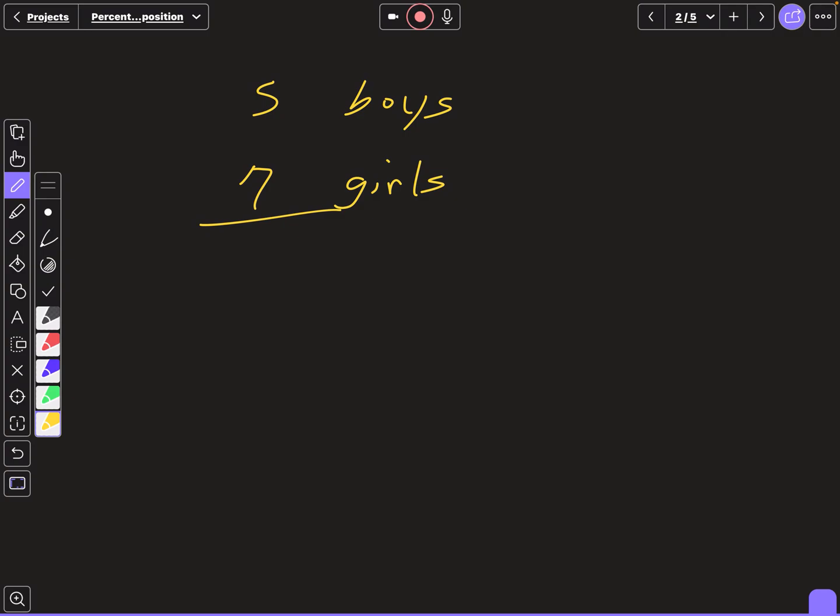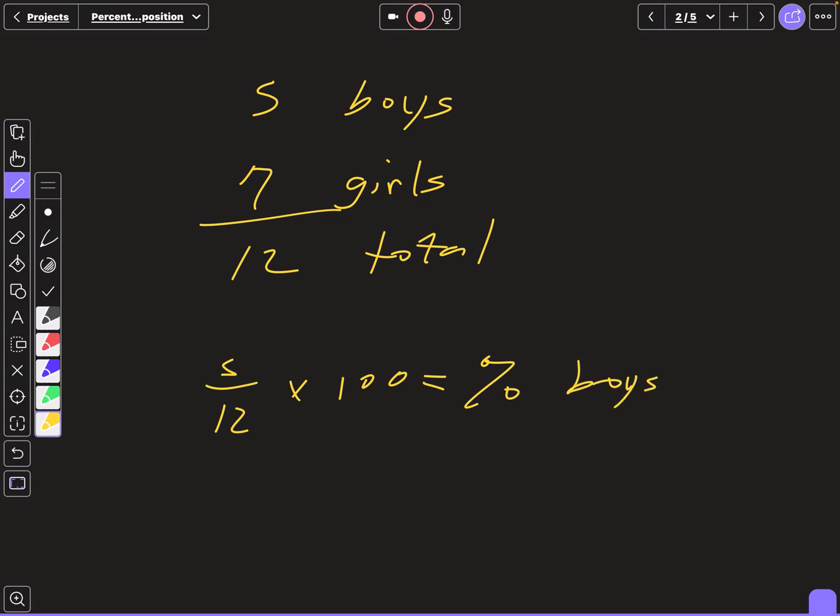We'd have to add these up to find the 12 would be the total. If we were finding the percent boys, we would take 5, the part of boys divided by the total, 12, multiplied by 100 to get a percent, and we would have the percentage of the class that is boys. If we were finding the girls, we'd take the part of the girls, which is 7, divided by 12, multiplied by 100, and you would get the percent of the class that's girls.